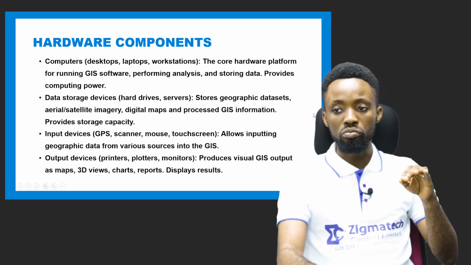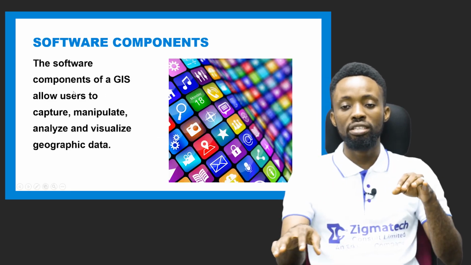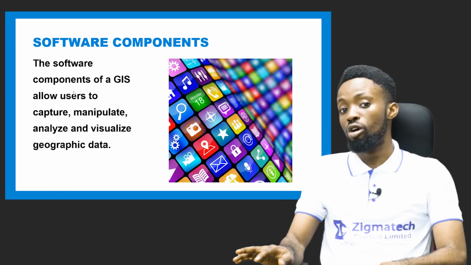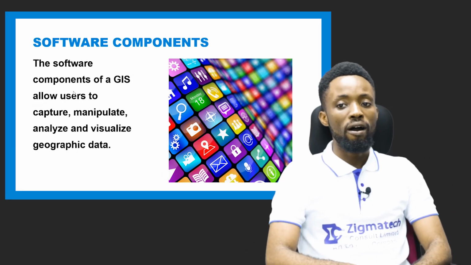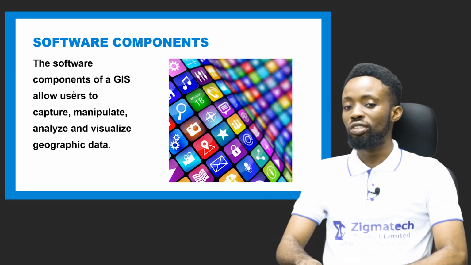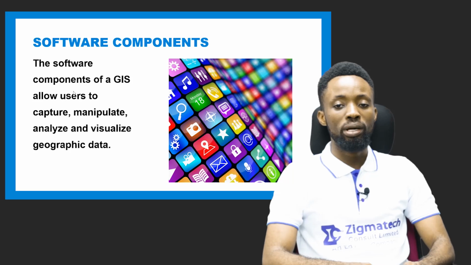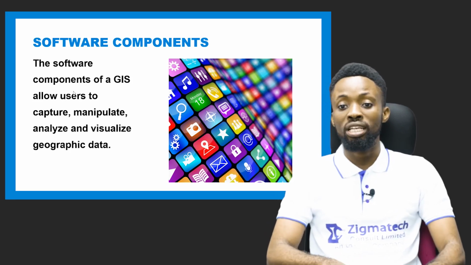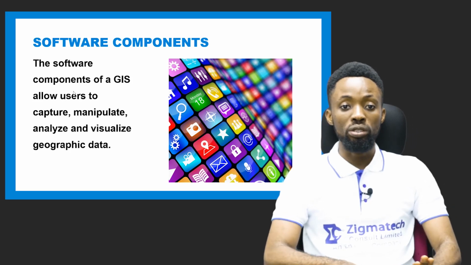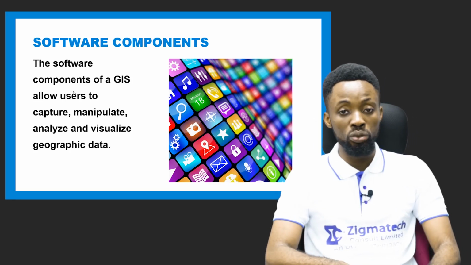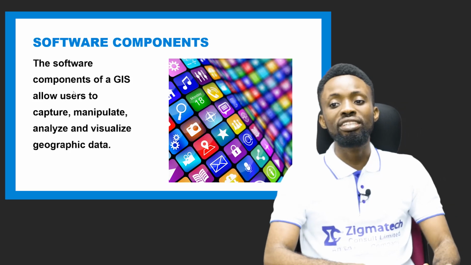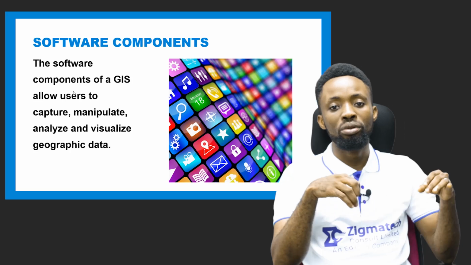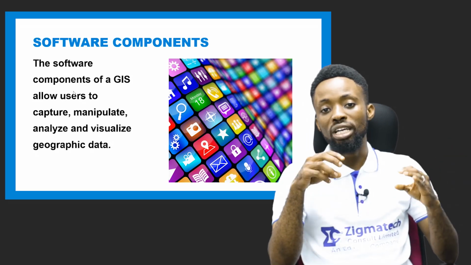Now let's look at the next component of GIS, which is called the software component of GIS. When we talk about the software component of GIS, we're actually talking about that aspect of GIS that helps users to capture, manipulate, analyze, and visualize. It is not the physical framework or the physical electronic gadget, but it is embedded or integrated in the hardware components to help us achieve our results.